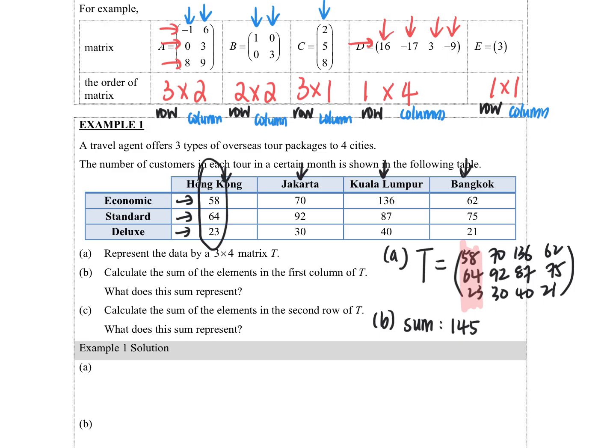The total number of customers in all the tour packages.